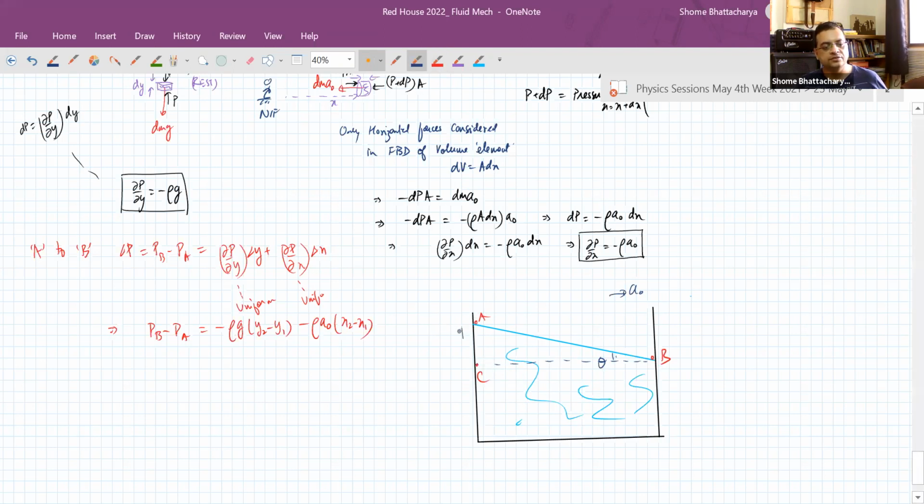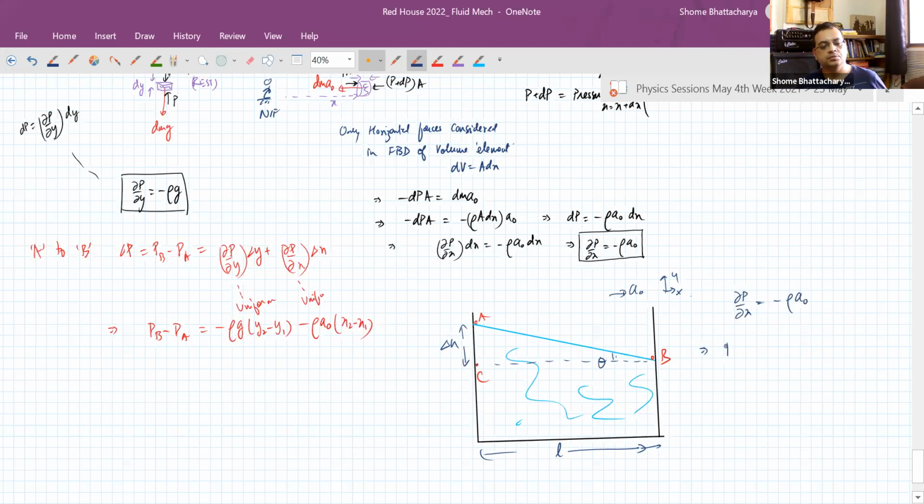So, if this height difference between A and B is delta H, and the length of the tank here is L, we know that del P by del X is minus rho A naught.